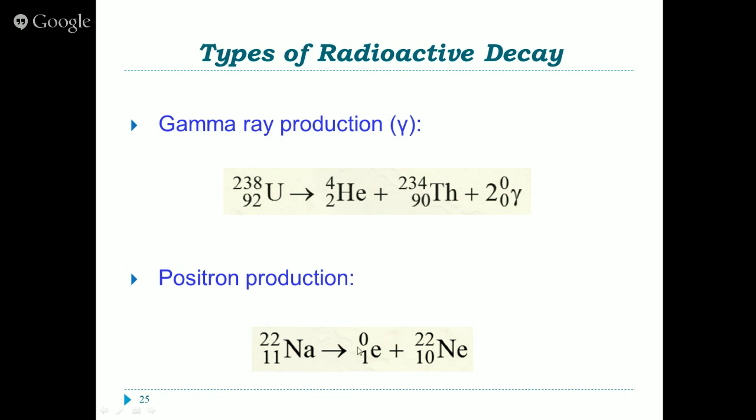Notice in all of these radioactive decays, we are starting with one element and ending with different elements. So we are actually changing the elements. These are not chemical reactions. These are nuclear reactions because we're changing the number of protons or neutrons in the atom itself. So here I'm starting with sodium, but I'm ending with neon.